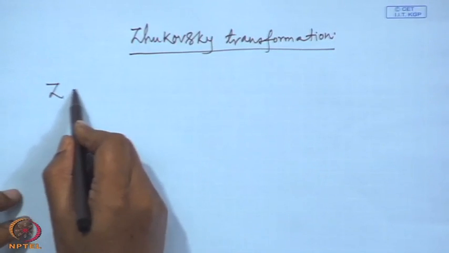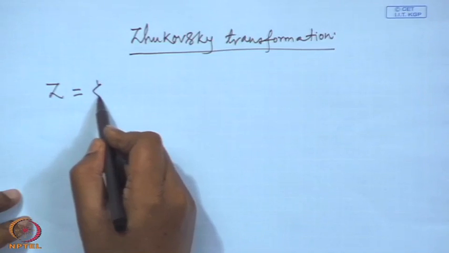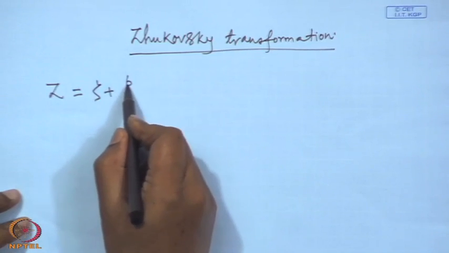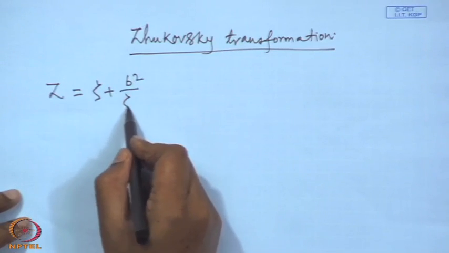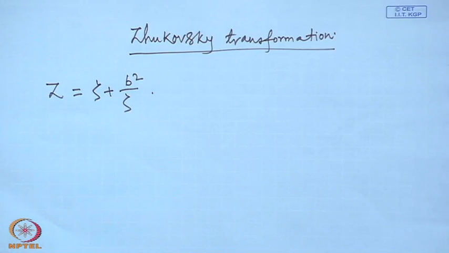The transformation will map an airfoil in the z plane to a circle in the zeta plane. That is the geometry: whatever is on the z plane, that we are calling an airfoil, is mapped onto a circle on the zeta plane.